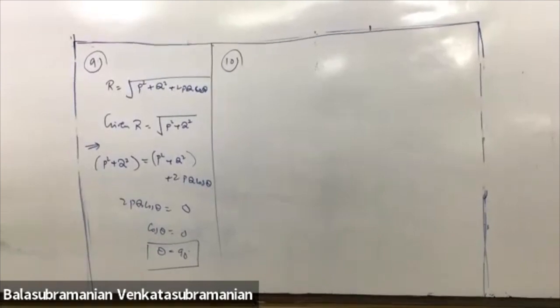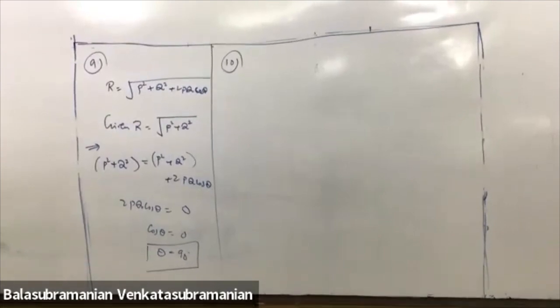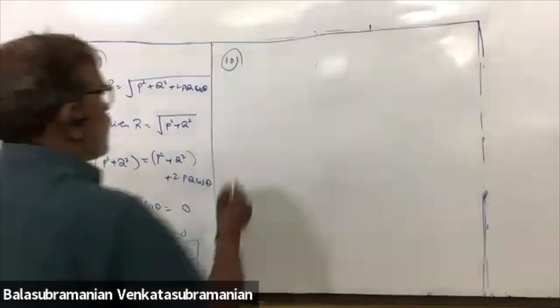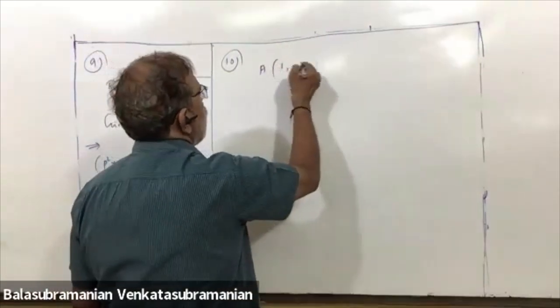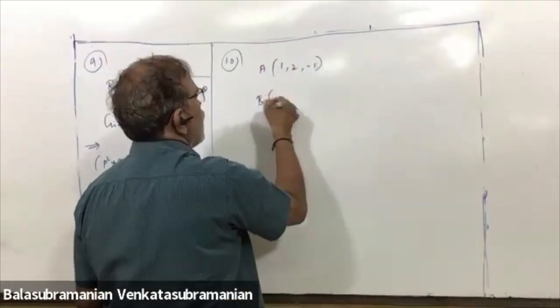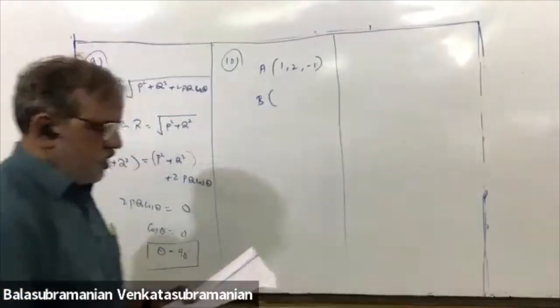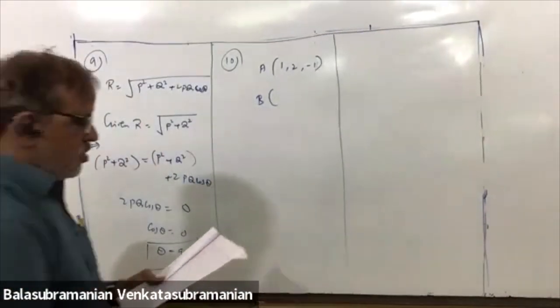Find the vector AB and its magnitude if it has initial point A is equal to 1, 2, minus 1 and B is 3, 2, 2.